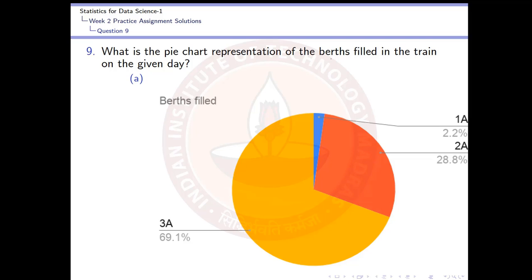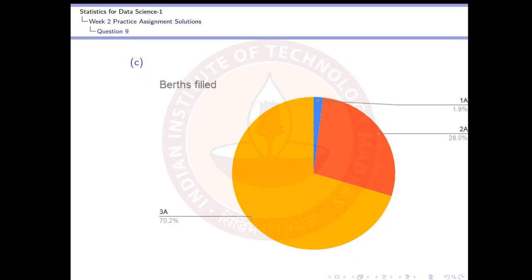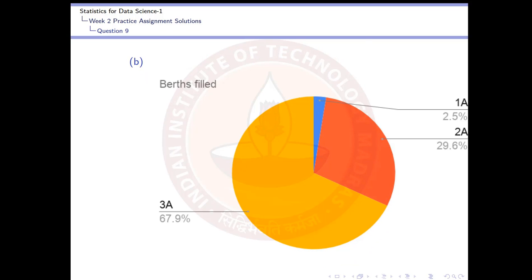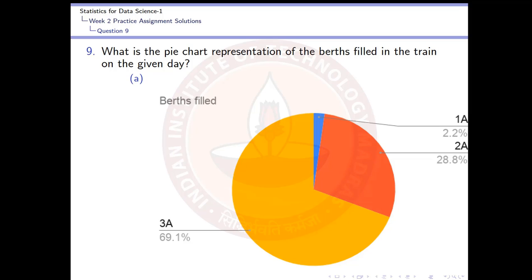Ninth question. What is the pie chart representation of the berths filled in the train on a given day? In the options we can see that pie charts are given, and as we know, a pie chart represents the percentage of frequencies.